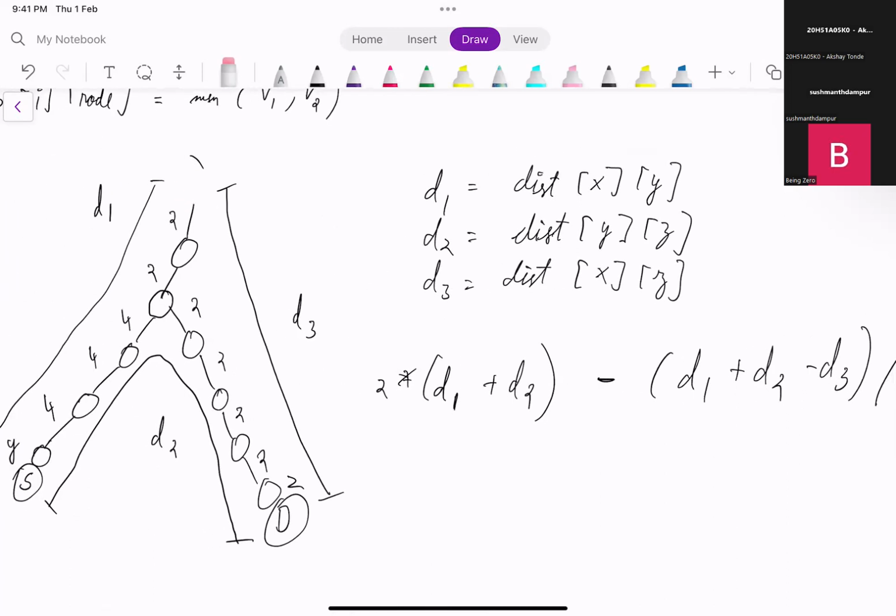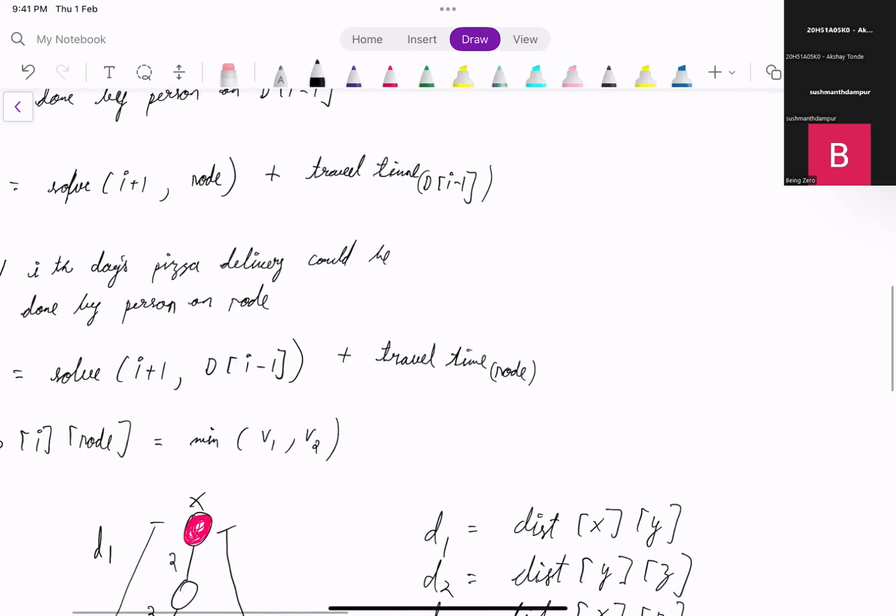and so here the starting node of the person is x. In case we want to compute this travel time, we can just compute it like this.